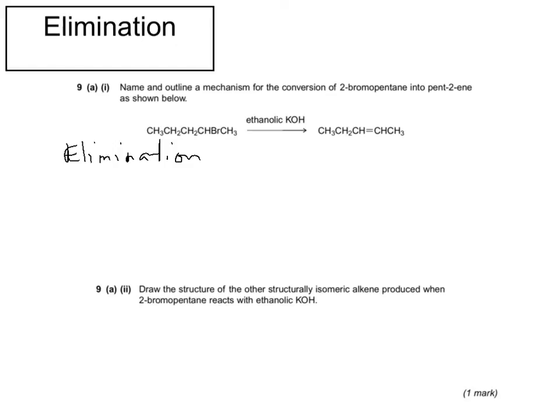So the first step is to draw out this compound with all the bonds showing. You don't want to leave it in a structural formula like that. So you've got C, C, C, C, C. There are 5 of them, 1, 2, 3, 4, 5. And then fill in the bonds, the bromine being on the second carbon along, so this one.